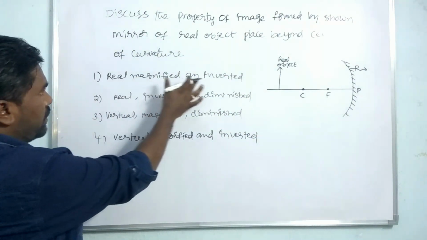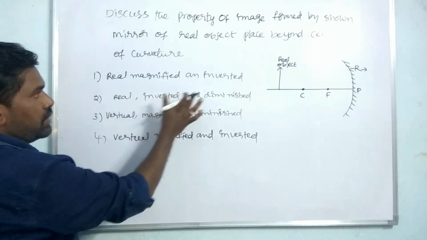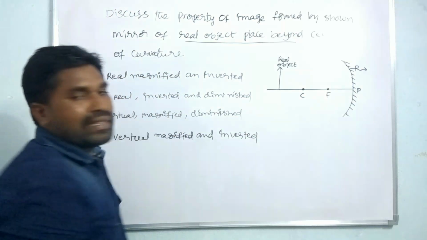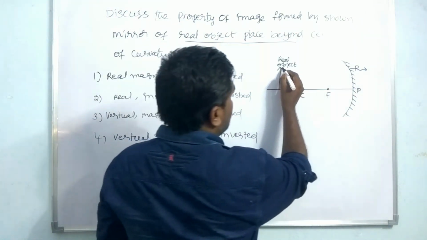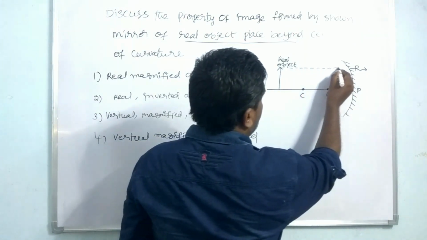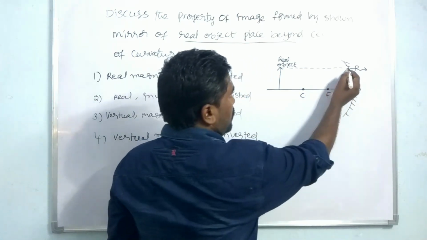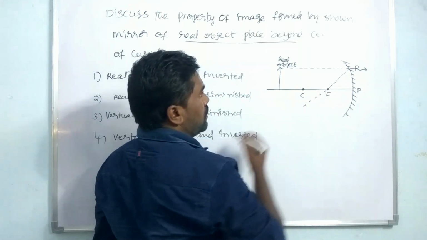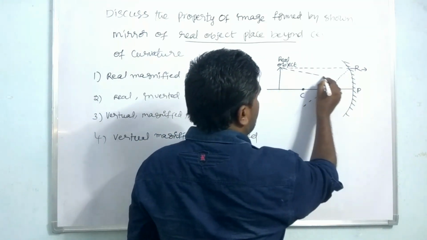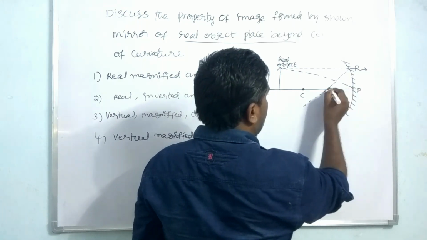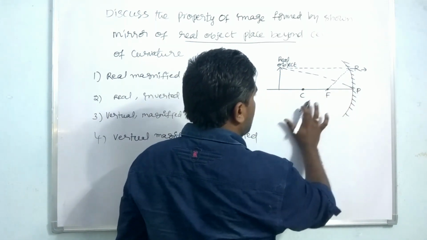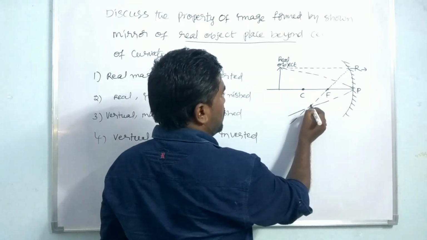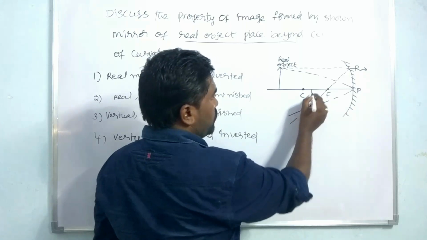So whether it is real, magnified or inverted, or real, inverted and diminished. Here there is a hint: beyond the center. So this is the line which is passing through the principal focus, and the image should be formed here at this coincidence point.